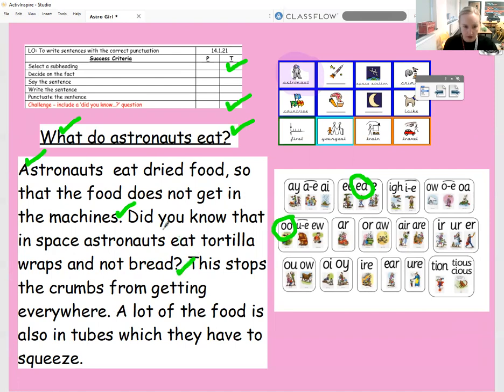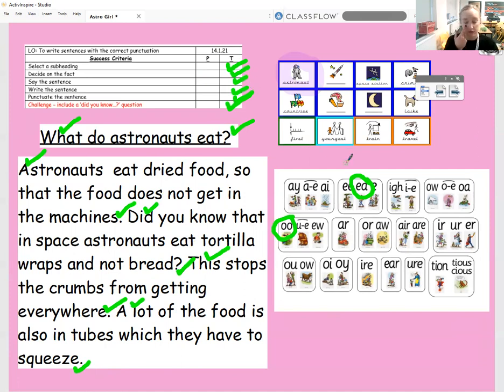I've got my question mark. Oh, great. Fabulous challenge there. This stops the crumbs from getting everywhere. I've got my full stop. A lot of the food is also in tubes, which they have to squeeze. Full stop. So I've used my facts, I've written them in sentences, and I have punctuated them as well.